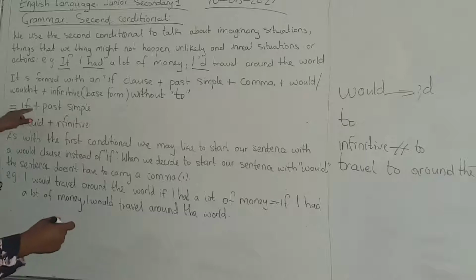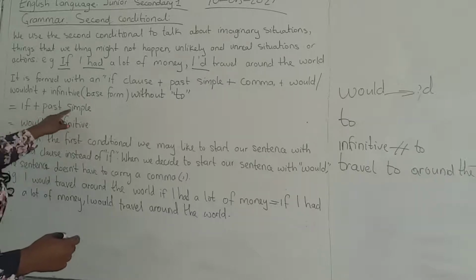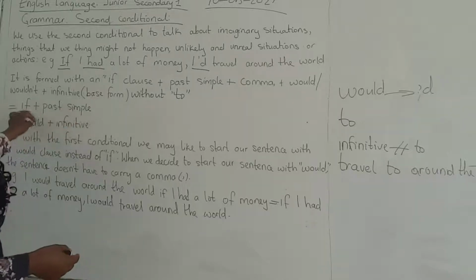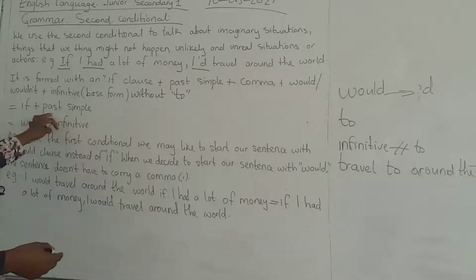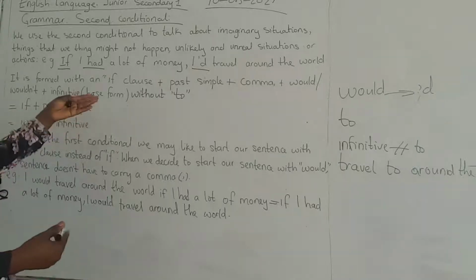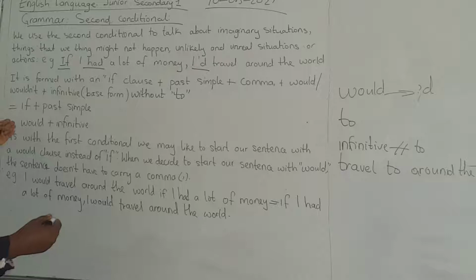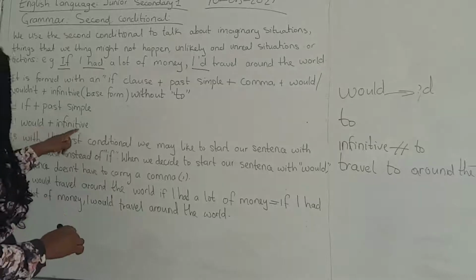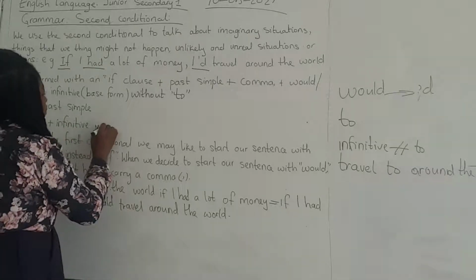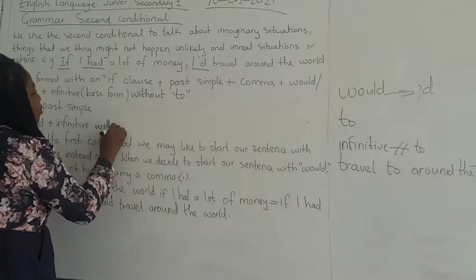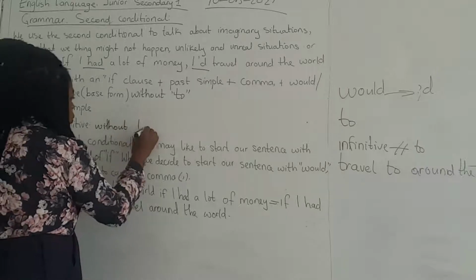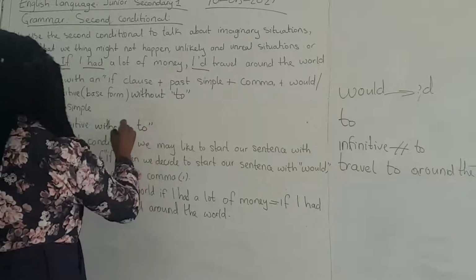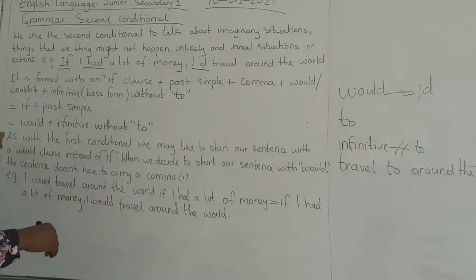The if clause is followed by the past simple tense. After if, the verb that follows has to be in the past simple tense. And then the second clause there is would. Would is followed by the infinitive without to. Take note, without to.